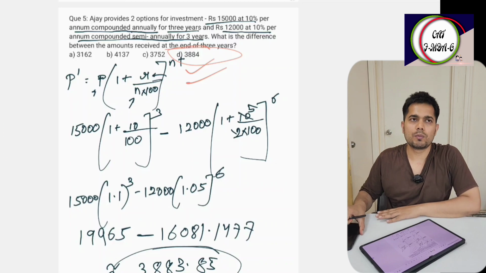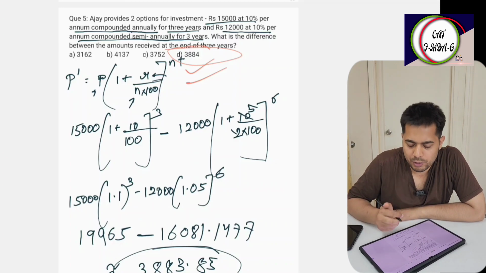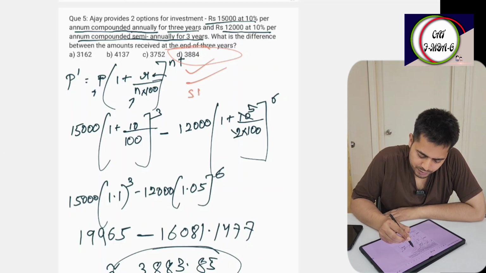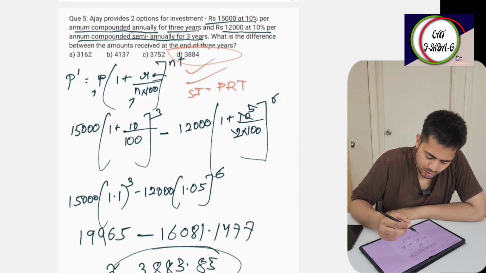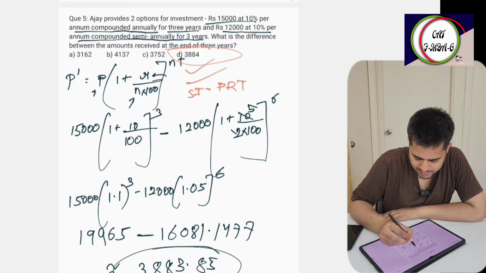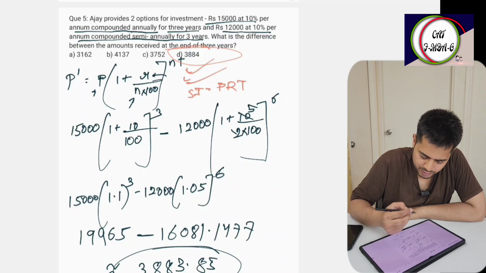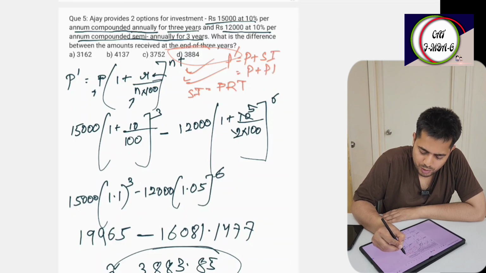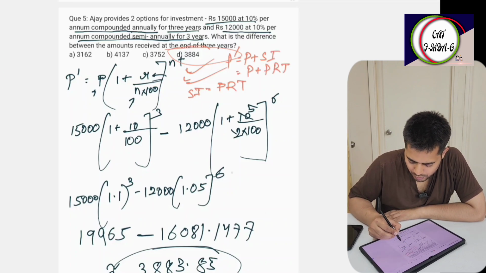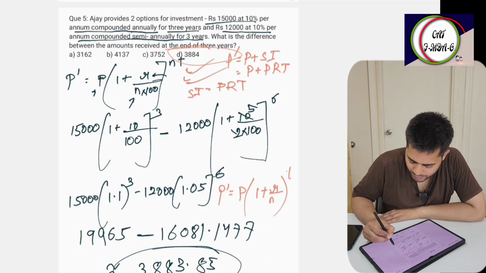Okay, so I hope the concept is clear to you. You just have to remember the two simple concepts. Simple interest is equal to P into R into T, and when simple interest is there, the amount P dash will become P plus simple interest, or P plus P into R into T. Now, if compounding is done, then P dash is equal to P into (1 plus R by N) to the power NT.